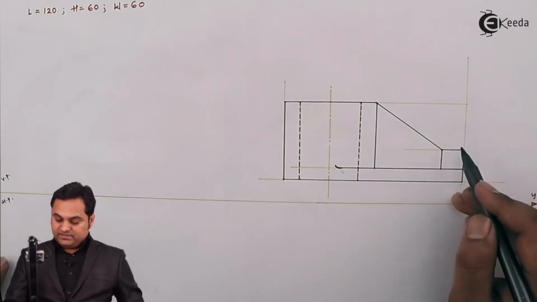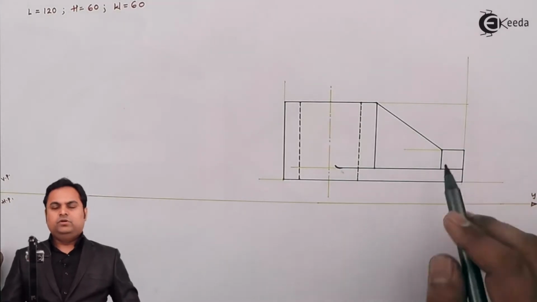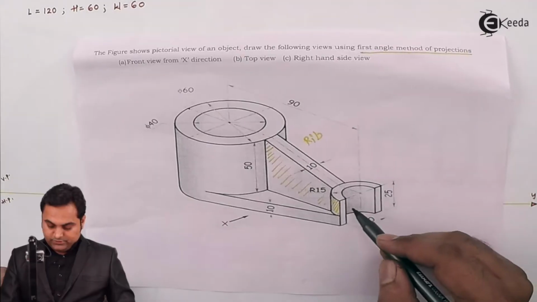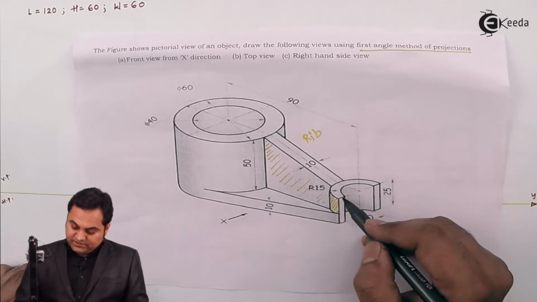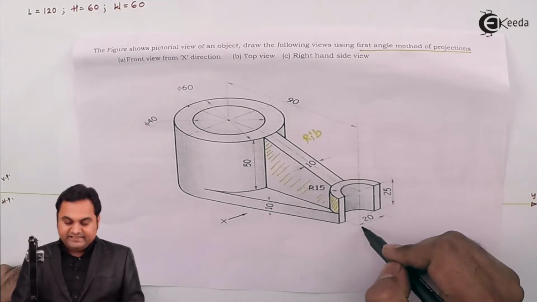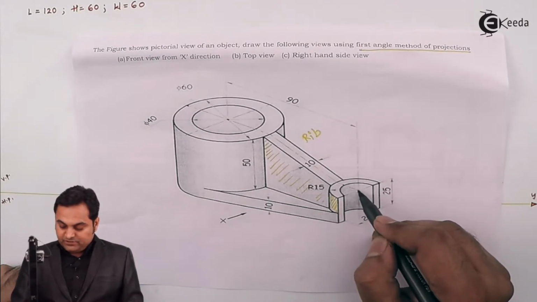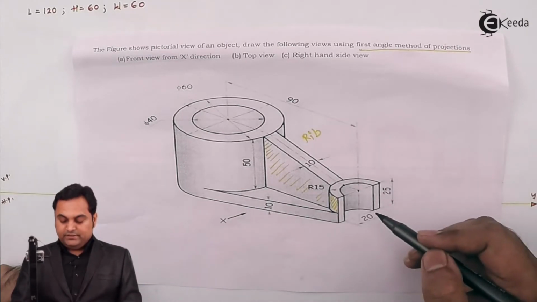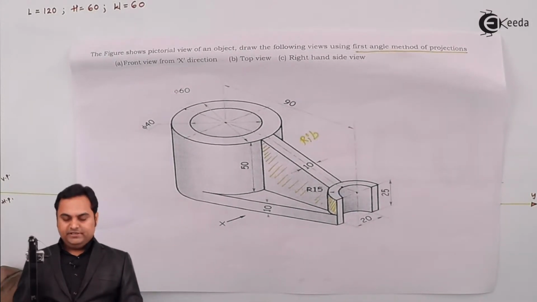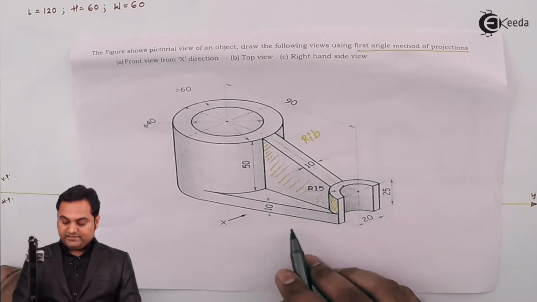Next, inside this semicircular portion also there is another semicircle. Here the diameter of this inner semicircle is given, that is 20. So its radius will be 10. From this location up till here the radius is 10, so that will also be hidden. It is not visible along X direction.